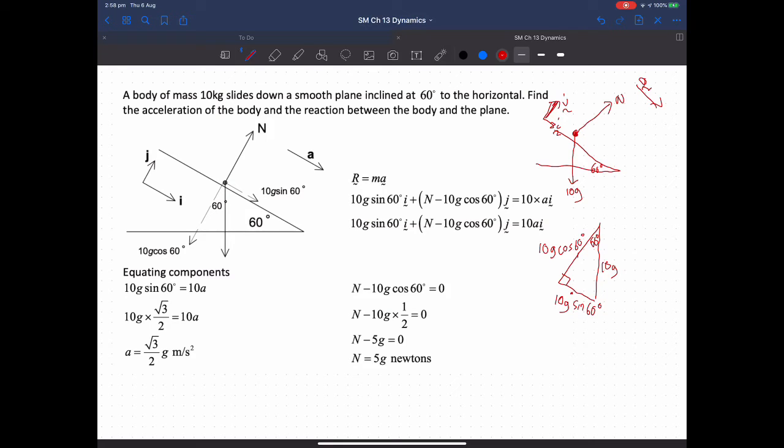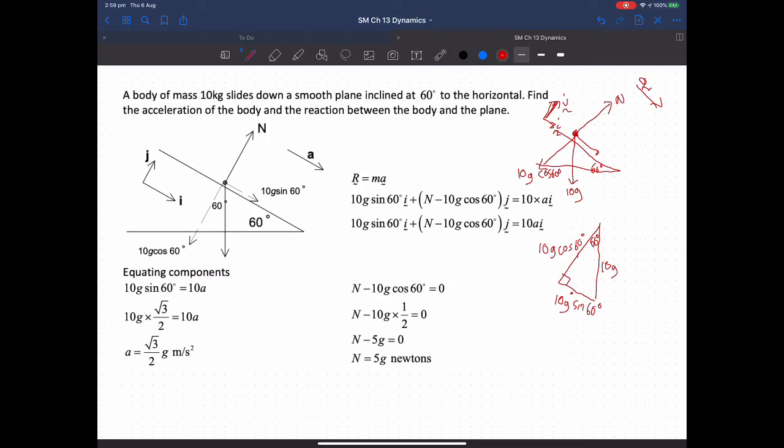What I've got is N operating directly upwards. So down from that, I will have that 10g cos 60 degrees. With the 10g sine 60 degrees though, I don't write it so they're joined up as in my triangle diagram, but I write it coming off the object.